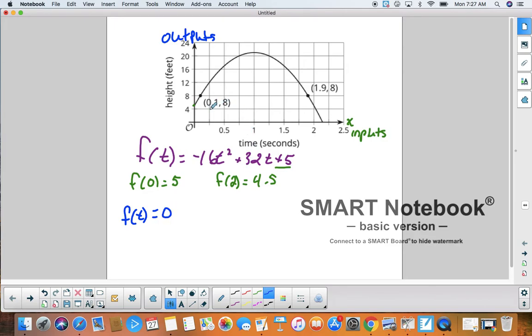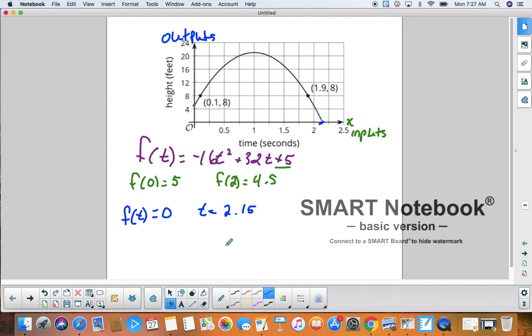Well, from the graph, we only get one of those values. There is only one place that this parabola shows us being on the ground, and that is right here. And so again, we're going to have to estimate it somewhere between 2 and 2.25. So we might say that that happens at a time of, I don't know, 2.15, let's say, okay?